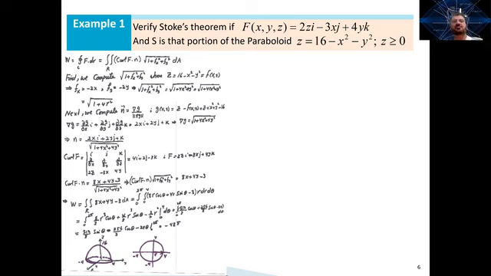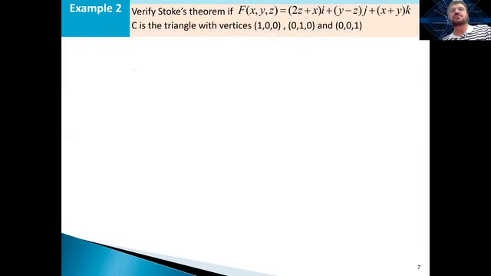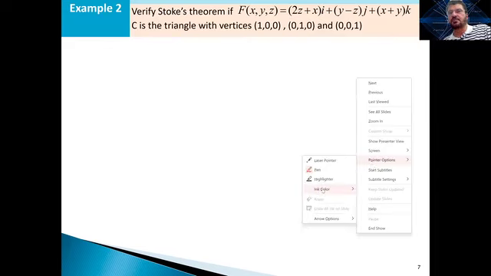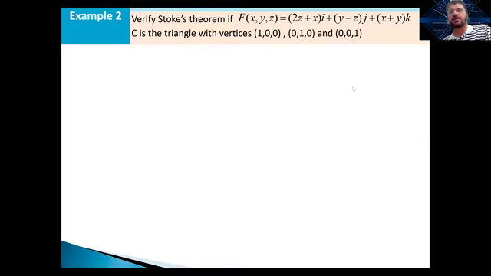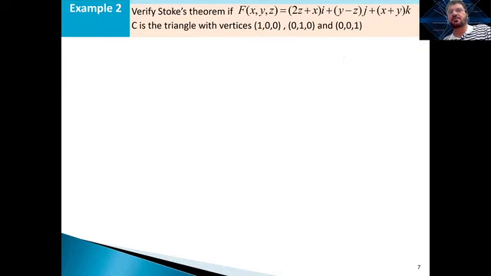Okay. So now we are done with the work done using that example. Now let's do Stokes' theorem again, where C is this triangle, guys. Okay, just a second. Here is the graph.